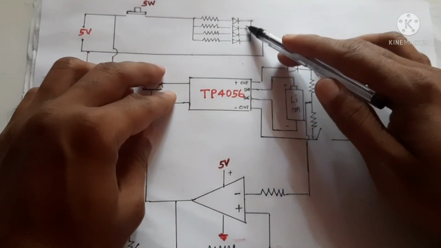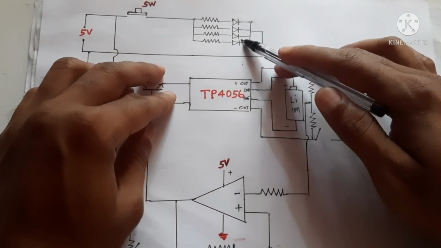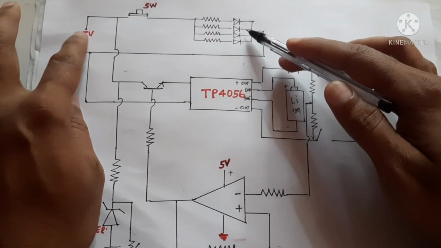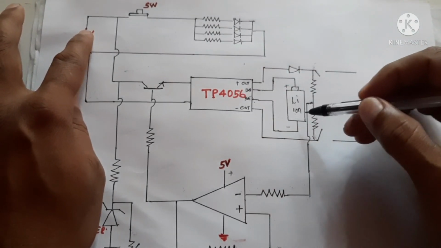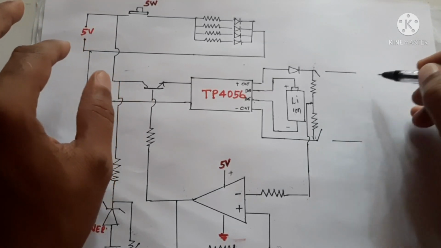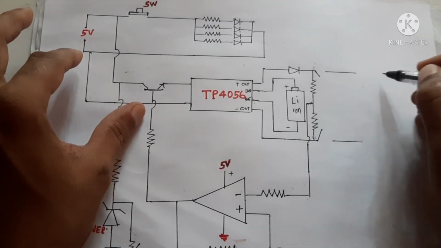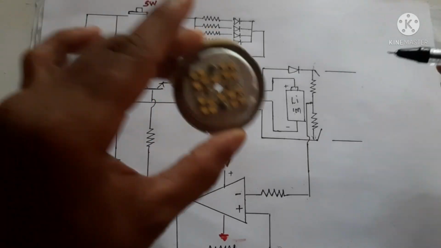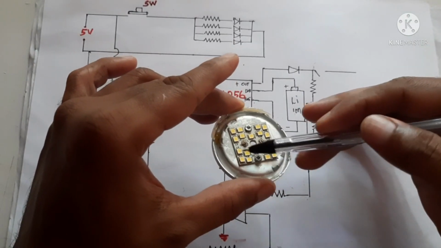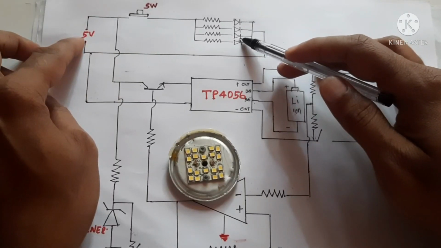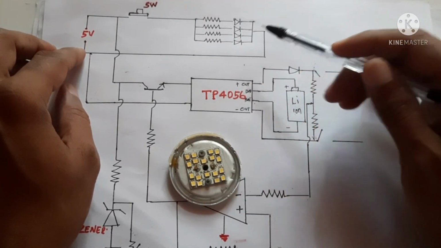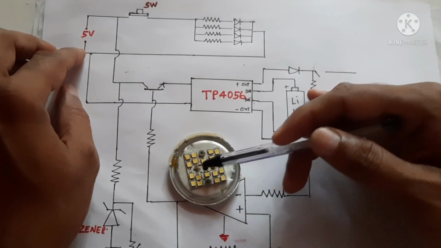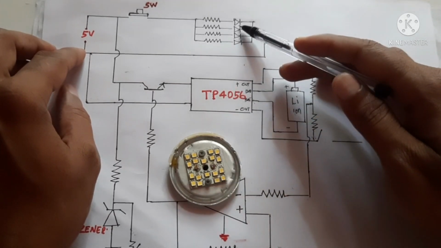So here we are using high power LEDs that are powered directly from the charger. Now when the power is gone, we are putting some other LEDs in this. That means when it is directly connected to the charger, that is when the current is present, the outer LEDs are powered from the charger.